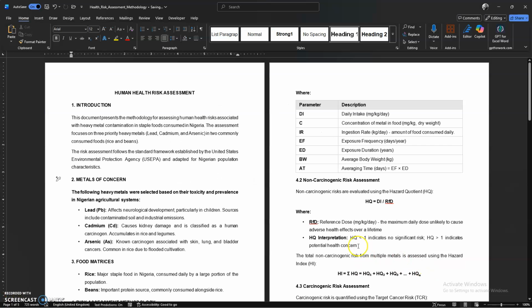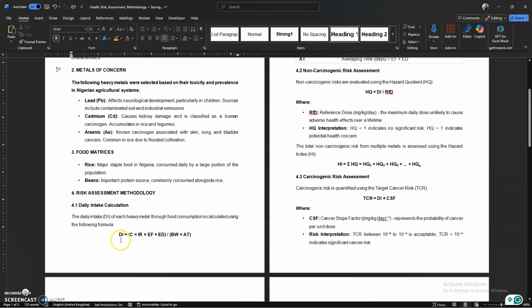The human health risk assessment simply uses this formula. This is our daily intake, which tells you the concentration of those heavy metals you are going to take in from eating the rice or beans. This is the concentration of the metal. This is your ingestion rate, which is just how much of the rice you eat every day.